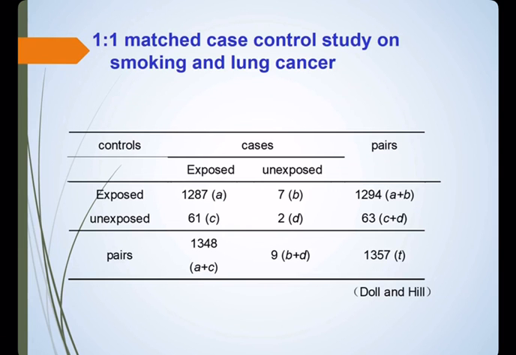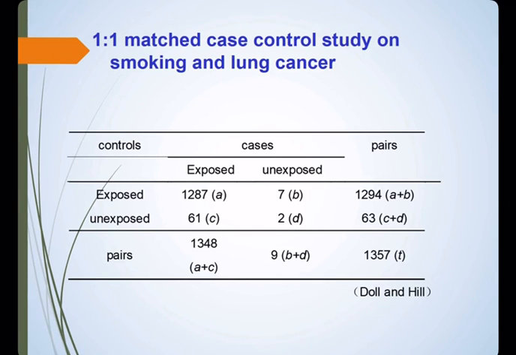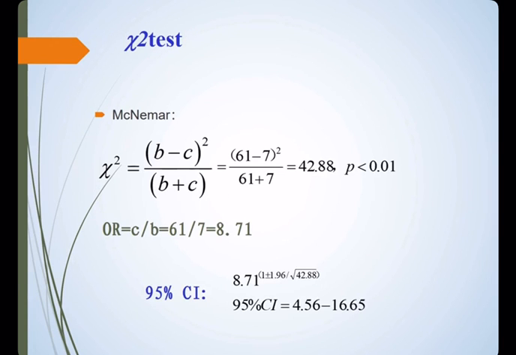Now let's take a look at the matched case control study on smoking and lung cancer. This table shows the matched pairs of the cases and controls according to the Doll and Hill study previously. Therefore, the chi-square test of the association between smoking and cancer can be shown in this slide with the McNemar chi-square test, and the result shows that the p-value is less than 0.01.